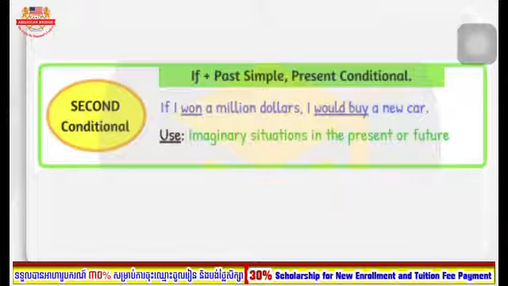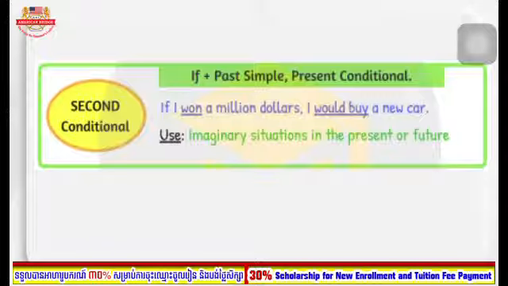Again, if I want $1 million, I would buy a new car. So this is what we call imaginary actions in the present or in the future. It is what we think or imagine about that situation.